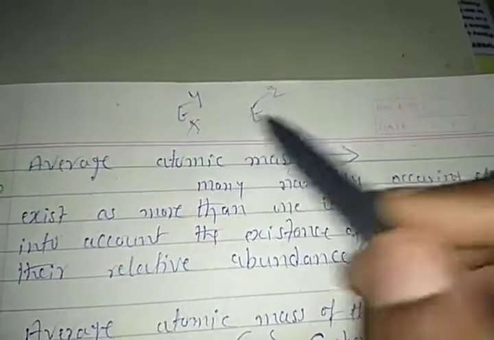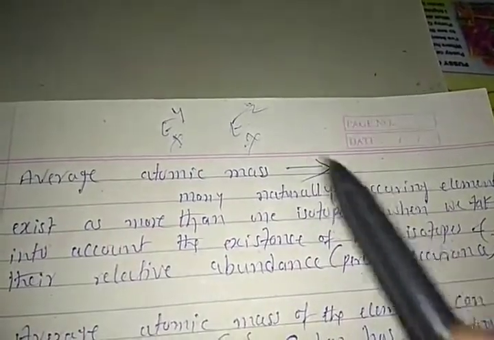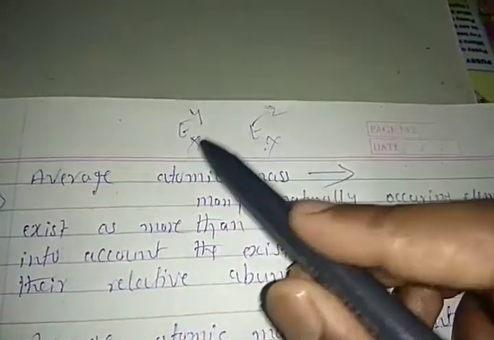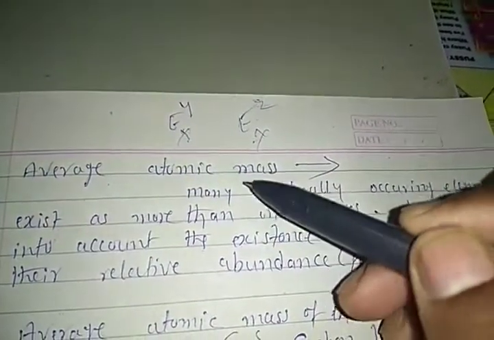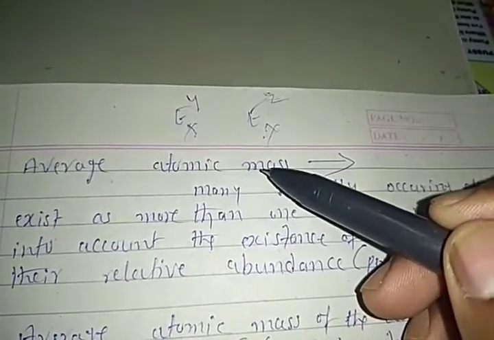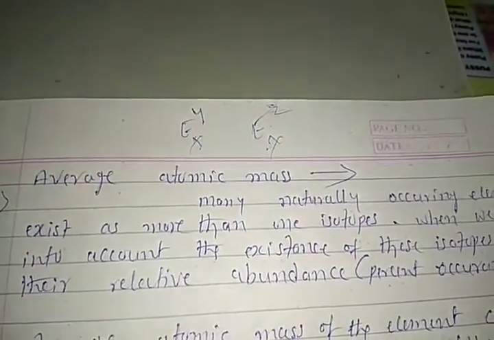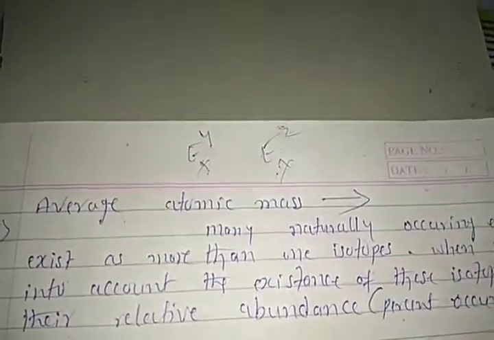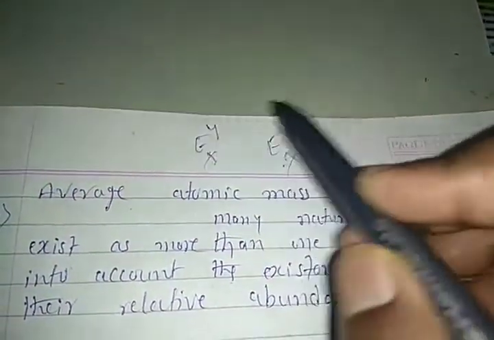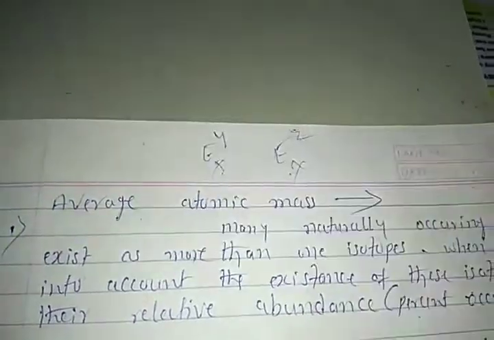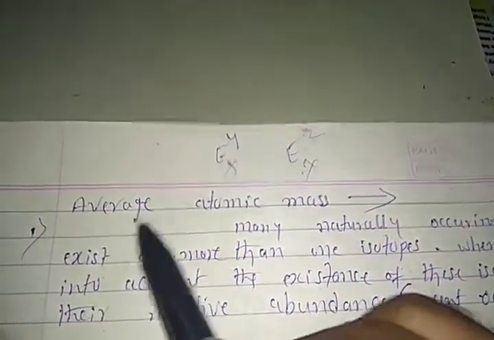Right, students? In this case, scientists were confused about which element's atomic mass to use for calculating in the formula. So rather than using the first element's atomic mass or the second element's atomic mass, they invented this topic, average atomic mass.